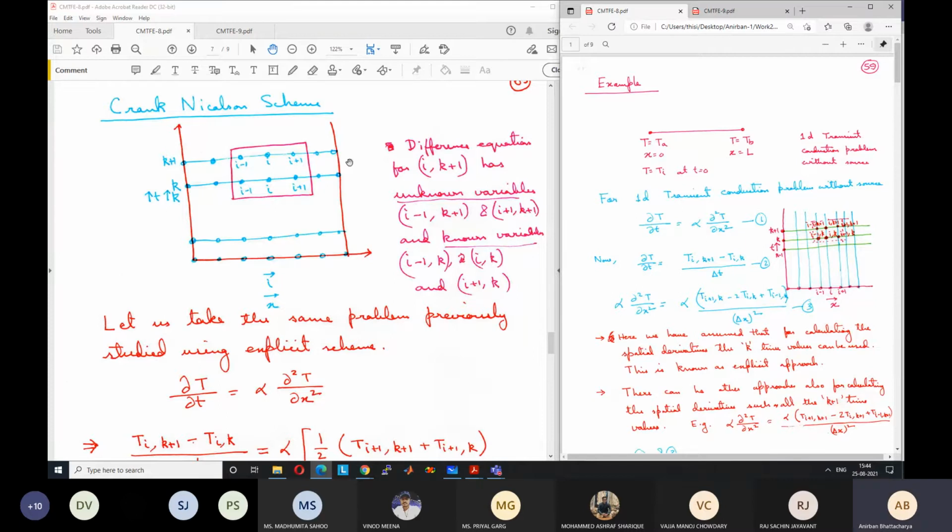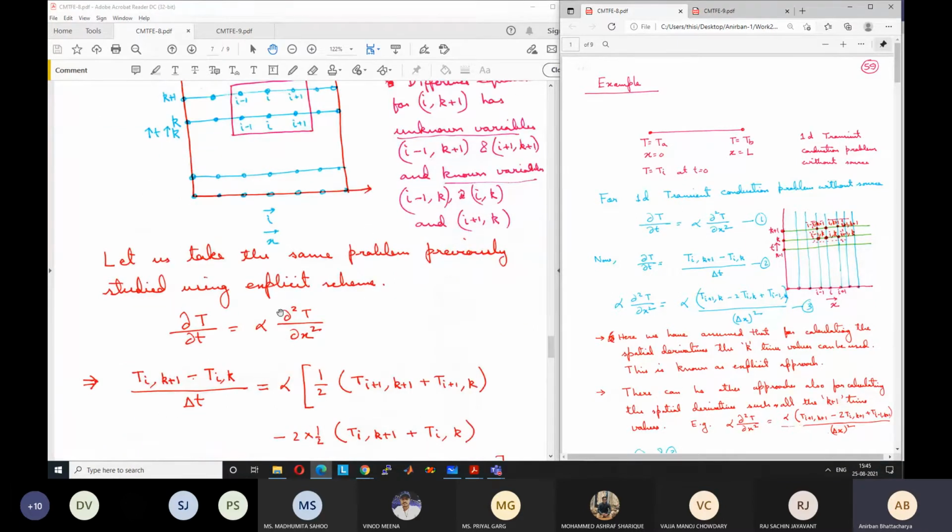So for the Crank-Nicolson scheme, as you know, for the spatial derivative, del square T del x square, we need to take the temperature as the average temperature of the new time step and the previous time step.